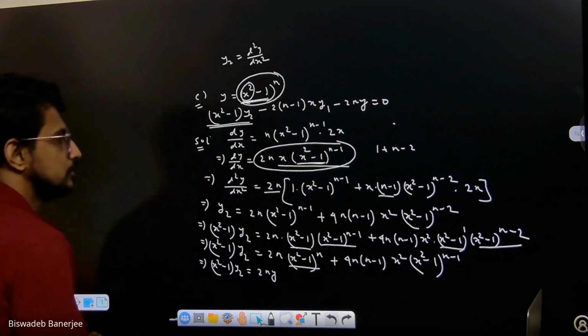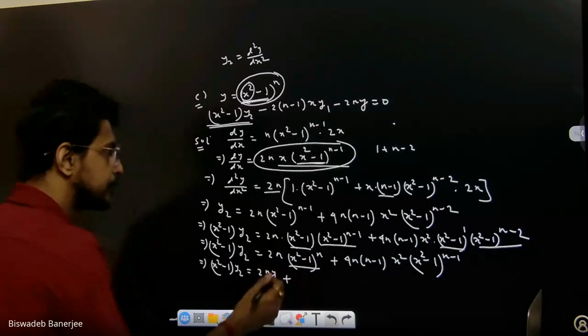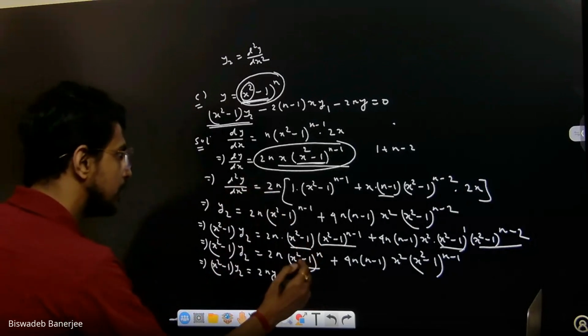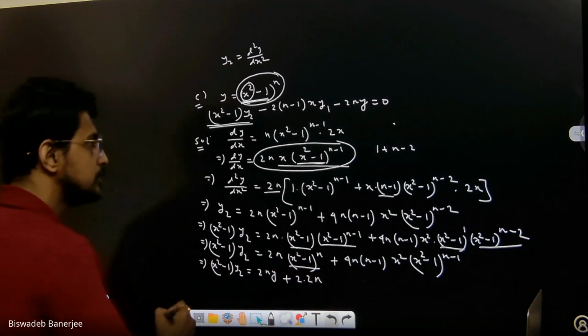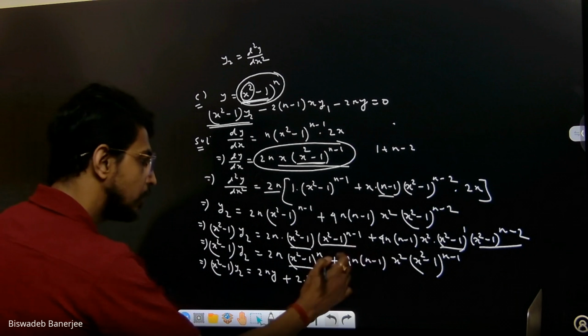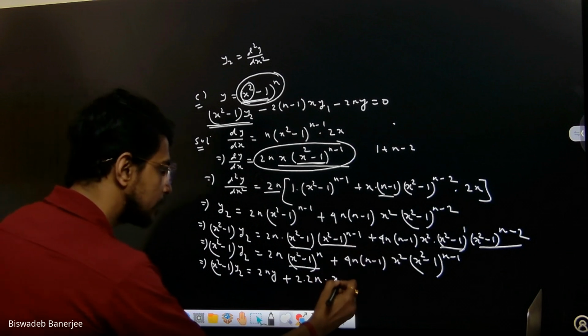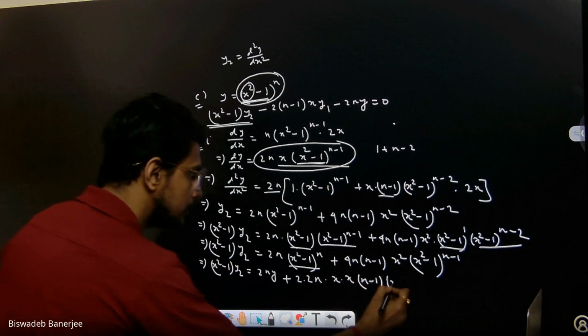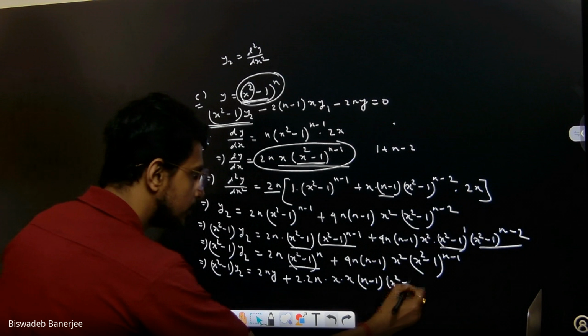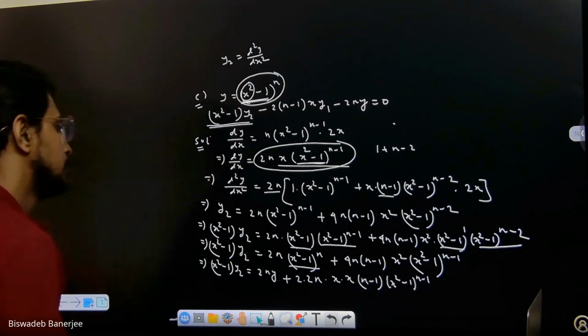This portion can be written like this. Write down 4 as 2 into 2. Then n. Then write down x square as x into x. Then n minus 1. X square minus 1 to the power n minus 1.